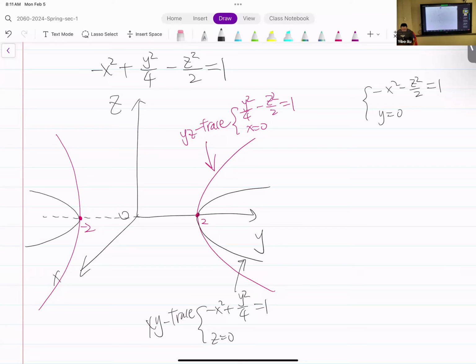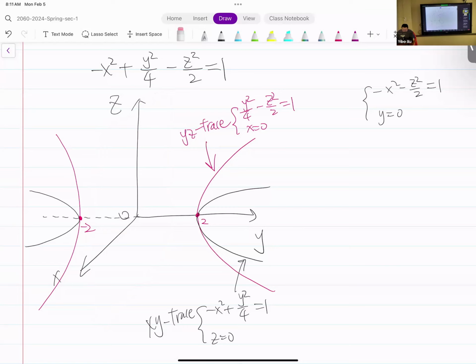Now we definitely know that along two directions we have hyperbolas. But then along the direction where you make y equal to a constant, of course, when y is 0, there's nothing, right? But what happens if we have y equal to 1, y equal to 2, y equal to 3? So let's see.